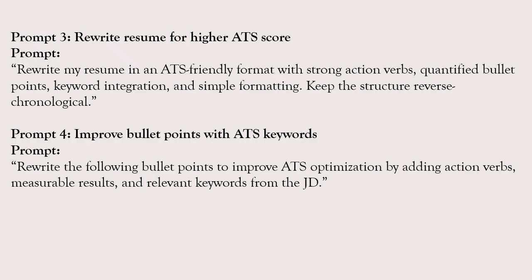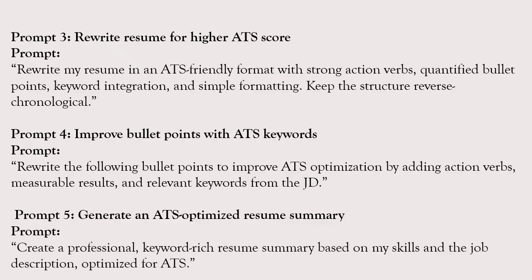And the next one is how to improve bullet points with ATS keywords. Rewrite the following bullet points to improve the ATS optimization by adding action verbs, measurable results, and the relevant keywords from the JD. And prompt number 5 is: generate an ATS optimized resume summary.